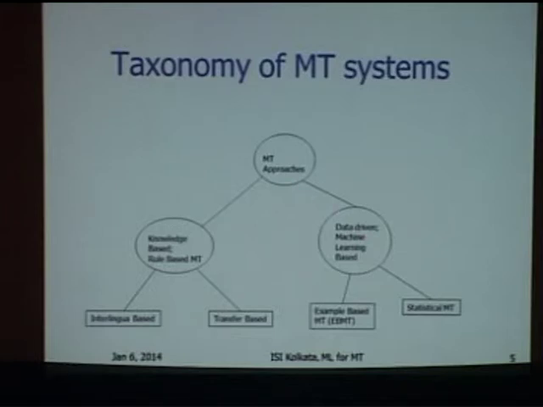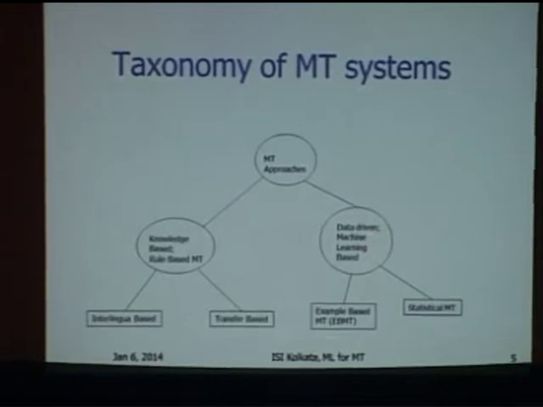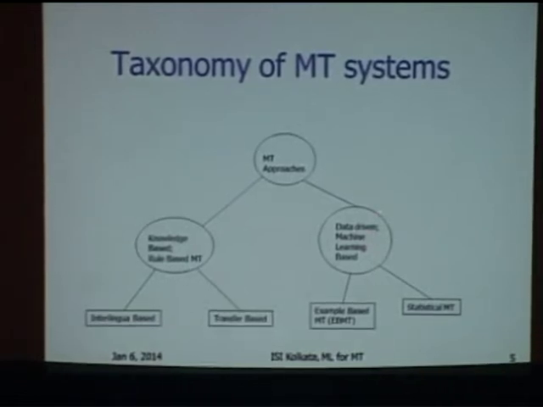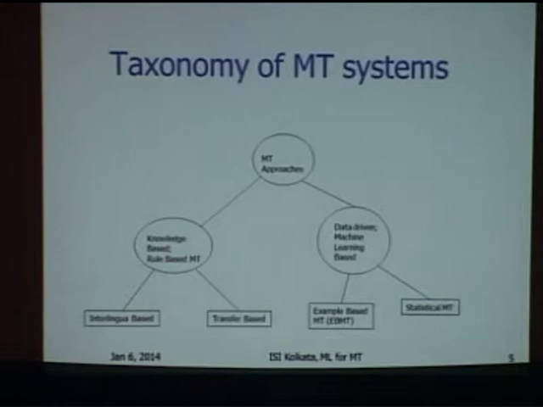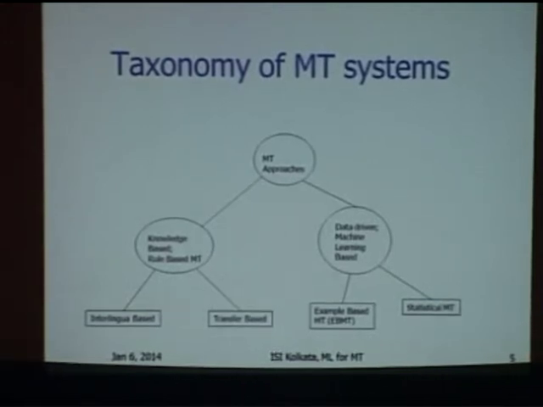The second broad approach to machine translation is data-driven, and this became possible because lots of parallel corpora became available for training a machine. We have translations of newspapers, we have translations of parliamentary proceedings, manuals, tourism reports, travelogues, and so on and so forth. All these provide a great amount of training data for a machine to be trained on automatic translation.